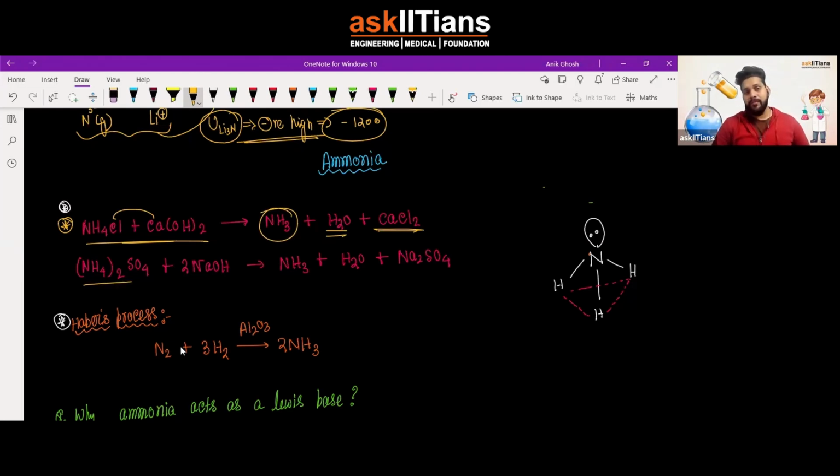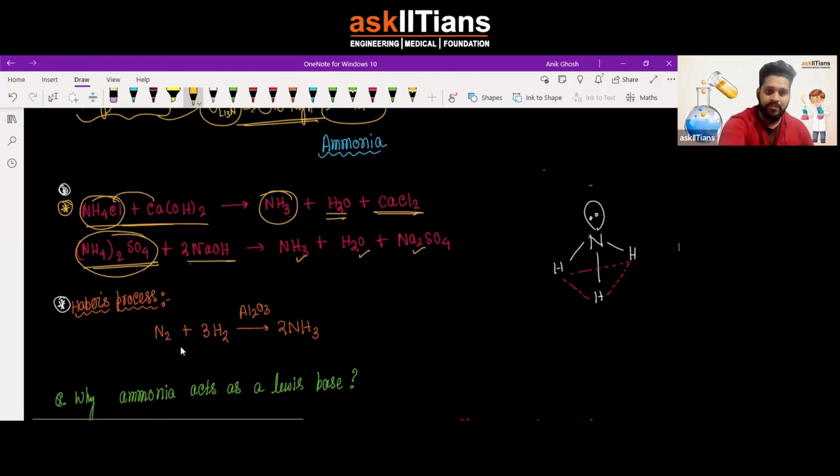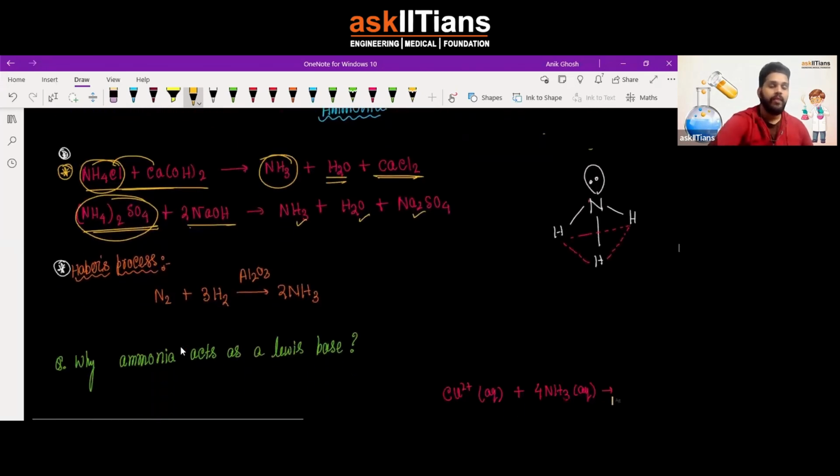There's another way, as you can see, ammonium sulfate, when it's treated with base, it's the same thing, guys. Here it is a salt of hydrogen chloride and ammonia, and here is the salt of sulfuric acid and ammonia. The same thing, you get ammonia. Very, very simple. Now, this process is important, Haber's process.